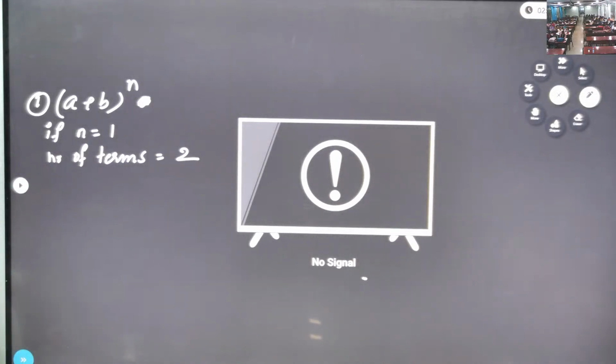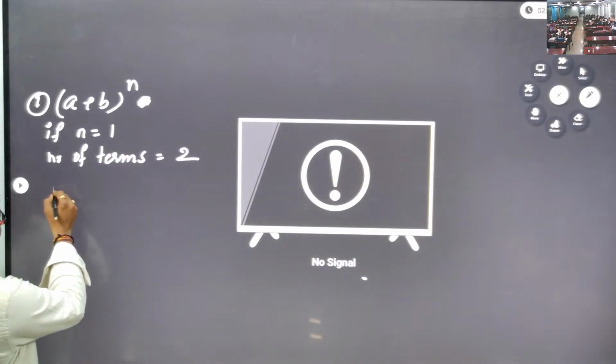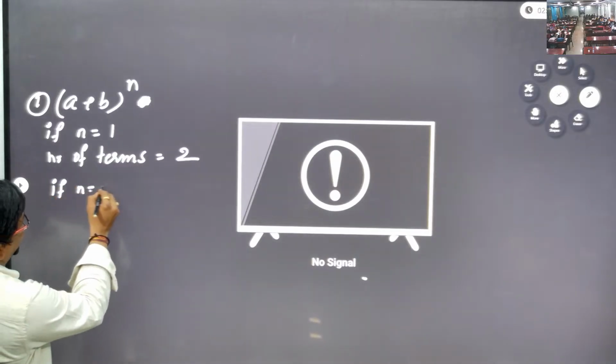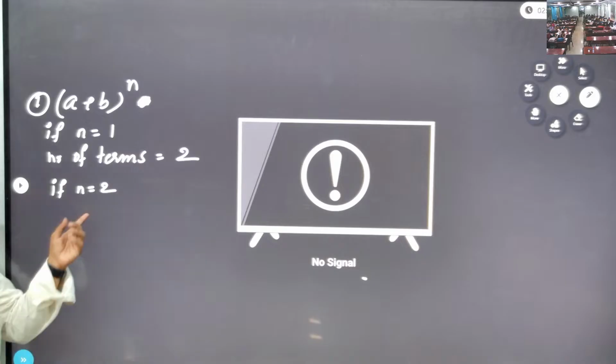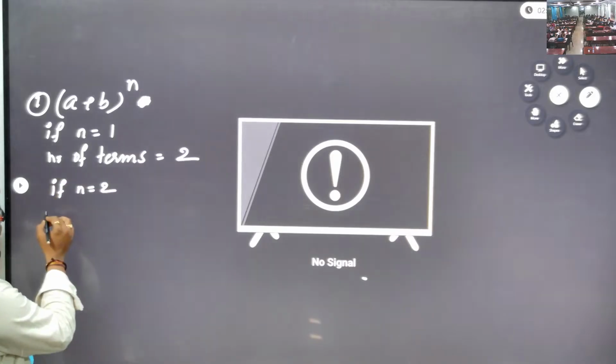That is a plus b only. Right. If n is equal to 2, the number of terms is equal to 3.